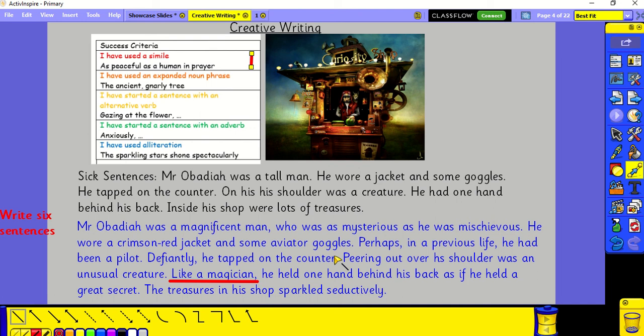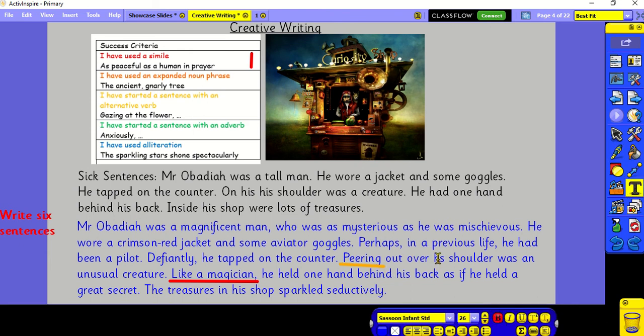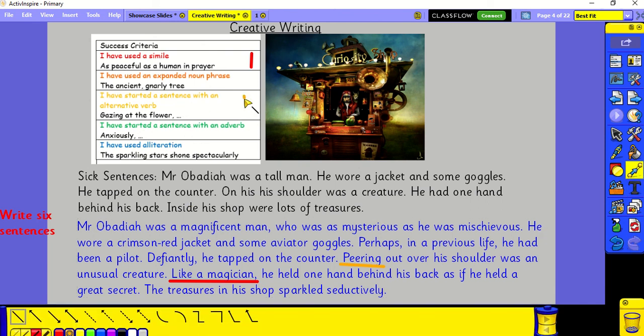I have started a sentence with an alternative verb. Yes, I have done that because I said peering out over his shoulder. So I can put one in there. I have started a sentence with an adverb. I have used defiantly, so green.